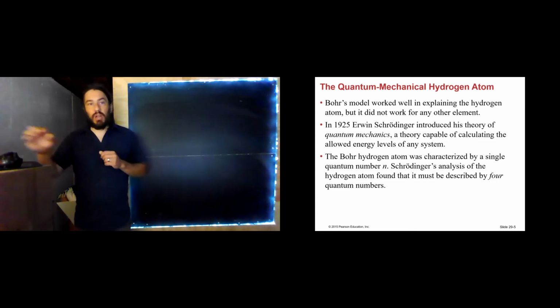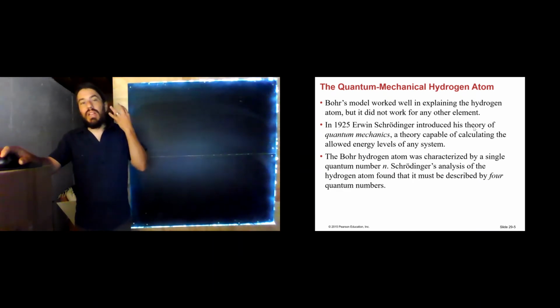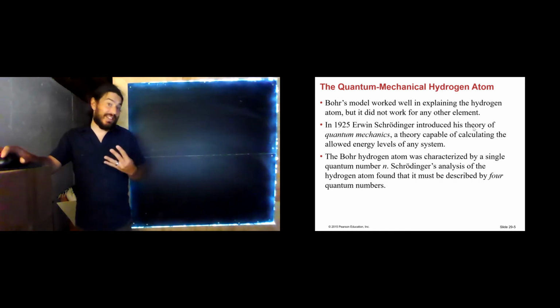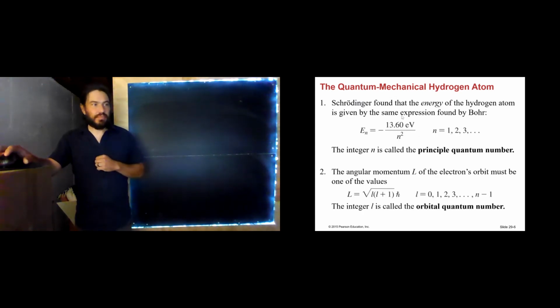But for the Schrödinger model of the atom, the quantum mechanical hydrogen atom, we actually need 4 different numbers to characterize a given quantum state of the atom. So far what we've talked about really is mostly just the energy. But it turns out we need 4 numbers to characterize the state of the atom.